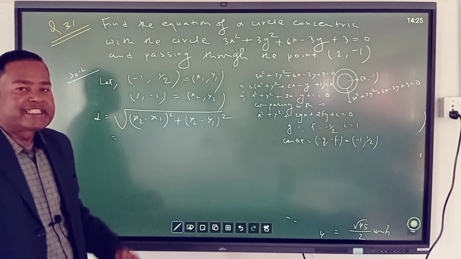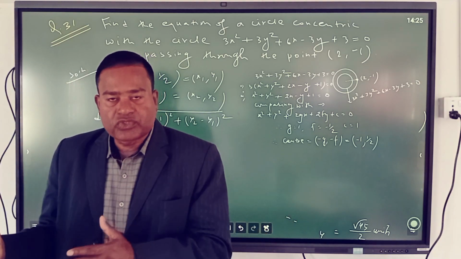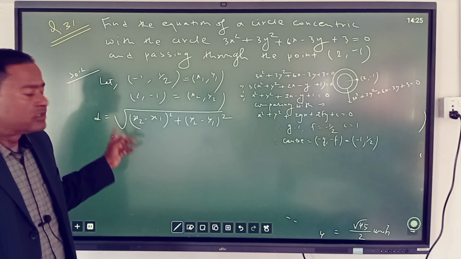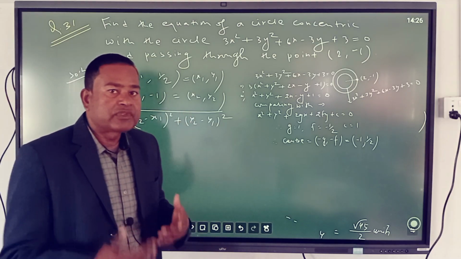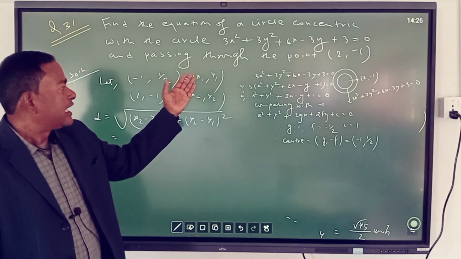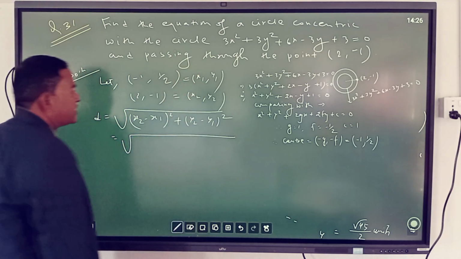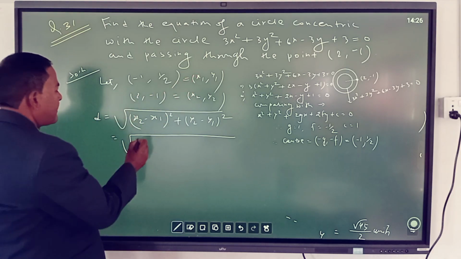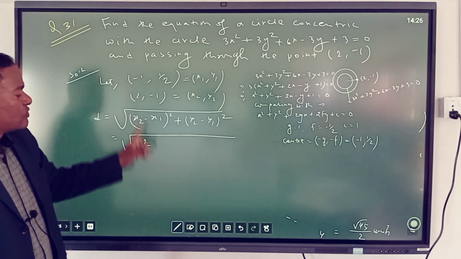We know the distance between any two given points x1 comma y1 and x2 comma y2 is given by the formula d is equal to root of x2 minus x1 whole square plus y2 minus y1 whole square. So let's put the corresponding values of x1 y1 and x2 y2. Dear students, x2 minus x1 means 2 and minus will be plus.